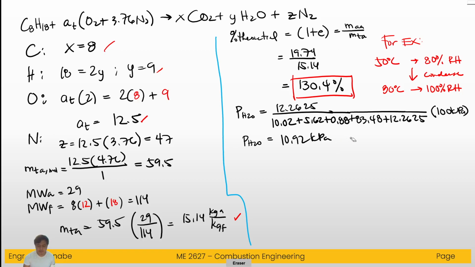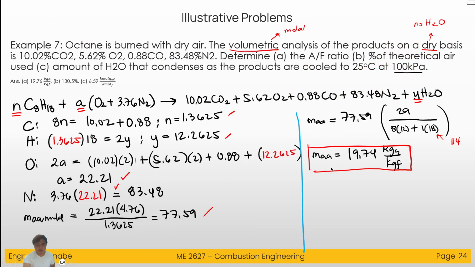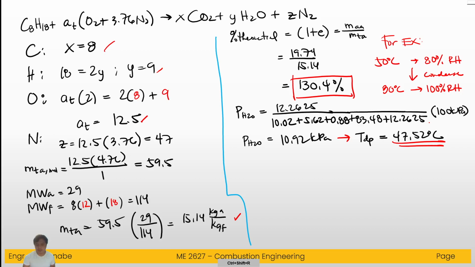So we can solve the dew point temperature using table 1, and this will be equal to around 47.52 degrees Celsius. Now, as you can see, it is cooled down to 25 degrees Celsius, no? So because 47.52 is our dew point temperature, it will reach 100% relative humidity at 47.52.